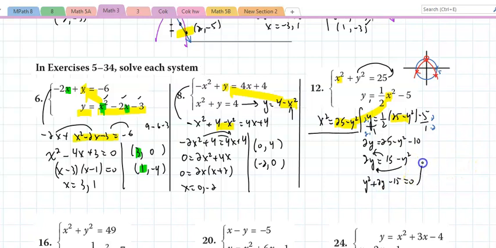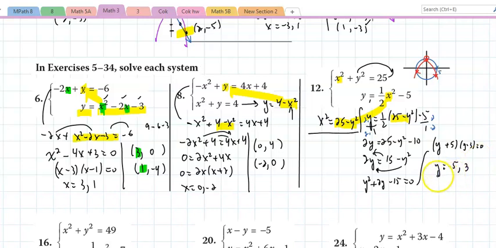Well, doesn't that make this y plus 5 and y minus 3 equal to 0? So y will equal negative 5 and y will equal 3.